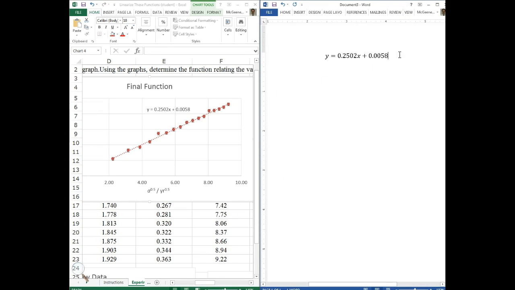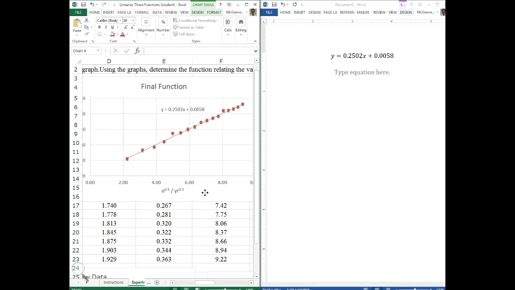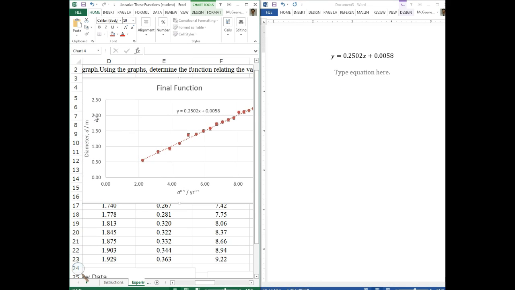You take your final function, there it is. You're going to do the same thing we've practiced and looked at in class. Replace the y in the equation with what's on the y-axis, diameter, which is d: 0.2502x plus 0.0058. Replace the x with what's on the x-axis, which is a to the 0.5.